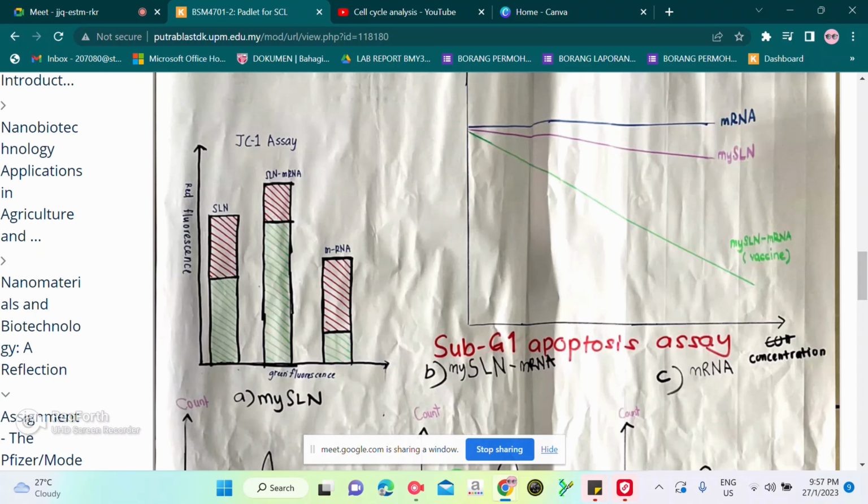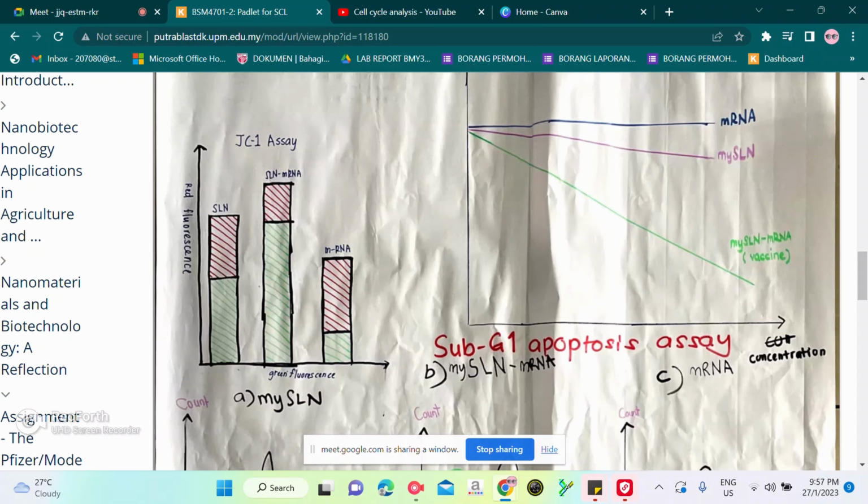For the mRNA graph, the red fluorescence is a lot compared to the green. In mRNA, the untreated cells are many, so the apoptosis is a lot. For the SLN, it is empty, so the untreated cells and the treated cells are equal, so the red and green fluorescence are the same.